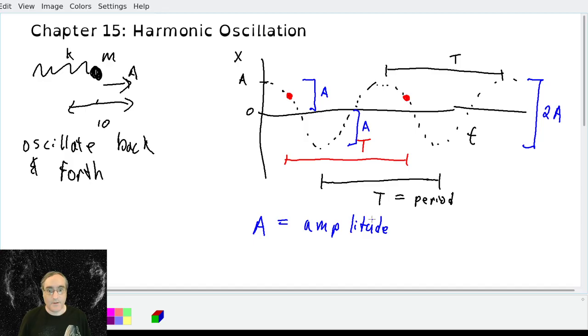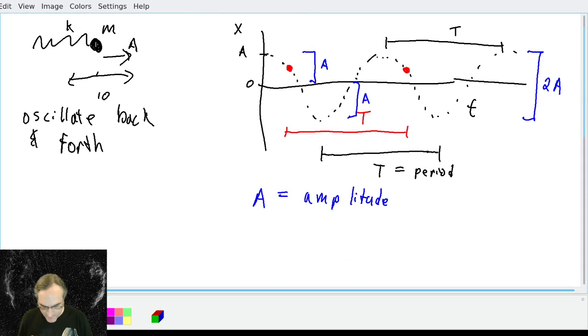Okay, so that's a couple of the things we need, but we're not quite done yet. If we know the period, there's another thing we can define called the frequency. And the frequency is 1 over the period.